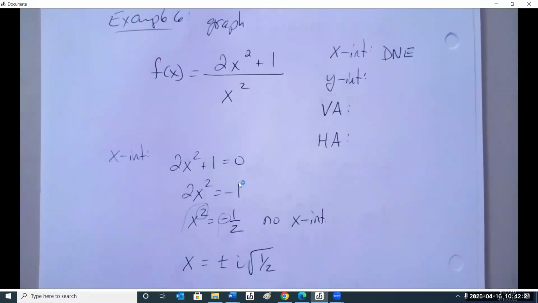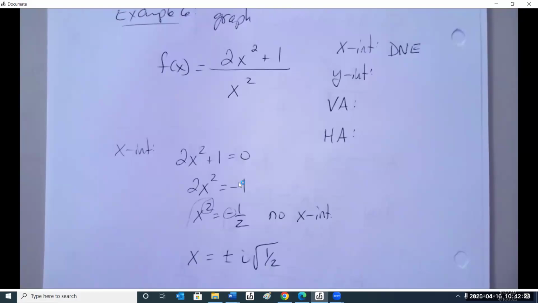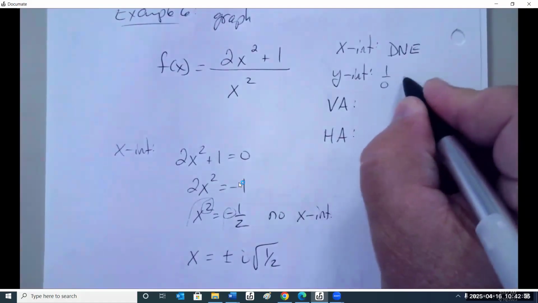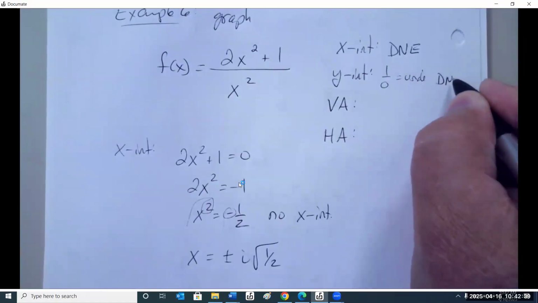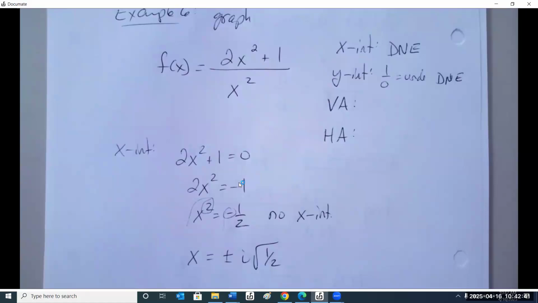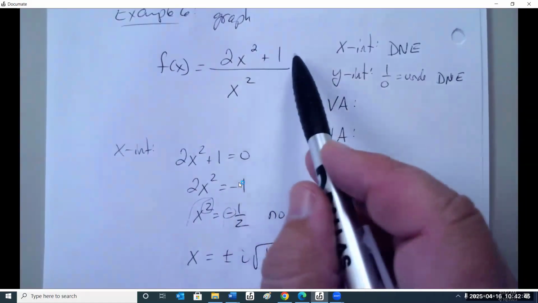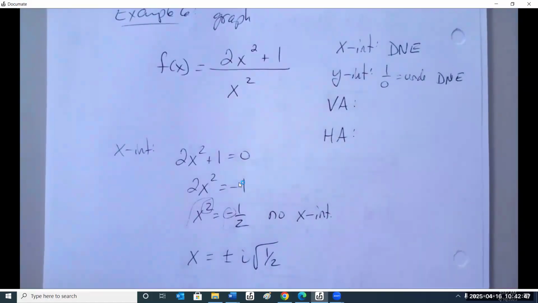What's my y-intercept? One over zero is undefined. So this one does not exist either. Because you set x equals zero, you get one over zero, doesn't exist.